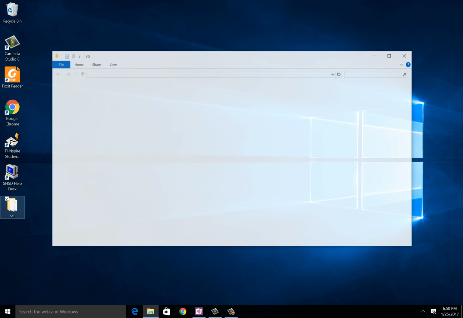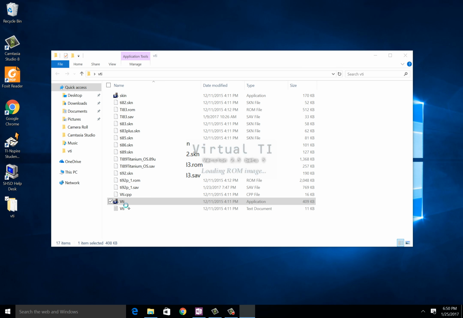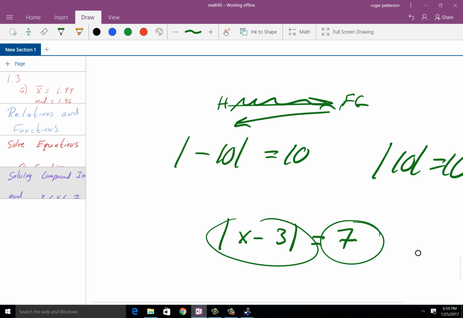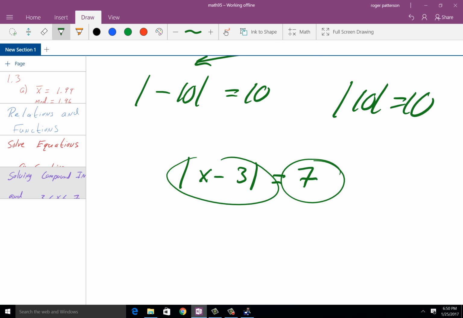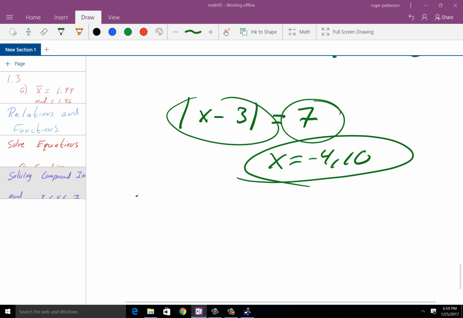Let's see here. I'll pull up the A9 thing so we can get that. Oops, it went away. So the answer was negative 4 and 10. That's how we solved it graphically. But remember, there's always some people who just got to do it symbolically.